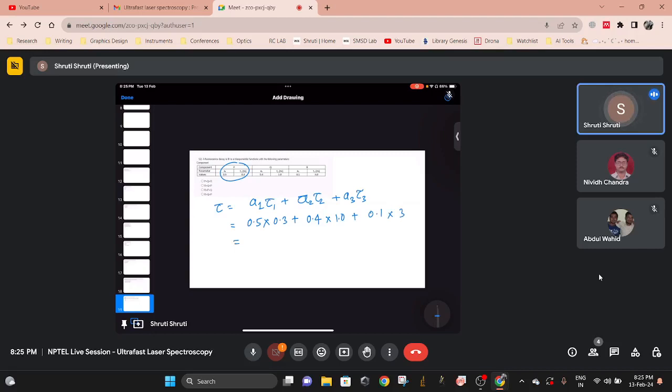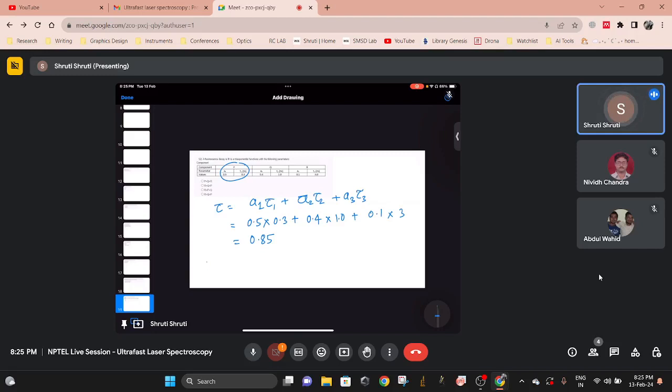What will be the answer? Can you do this? Is it coming 0.85? So 0.85 is the total contribution.